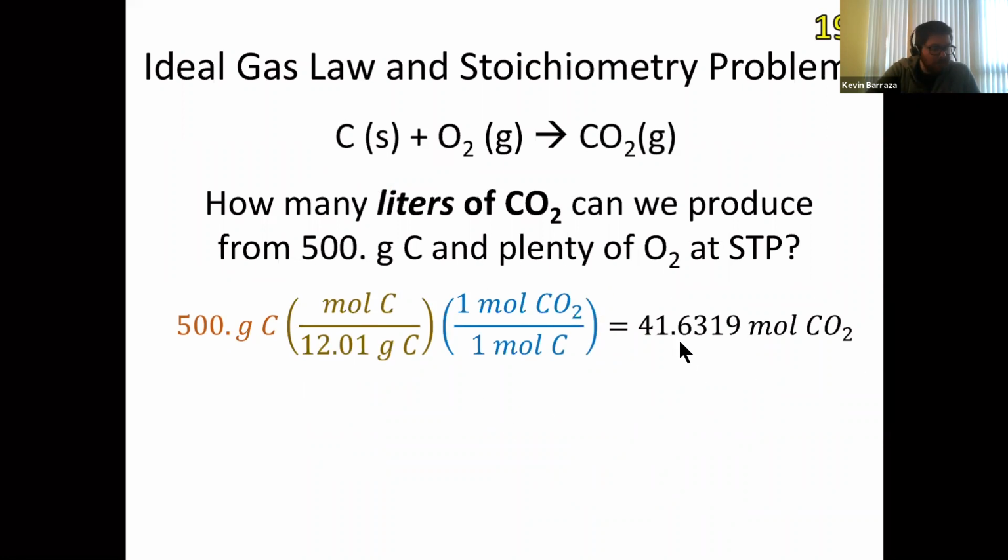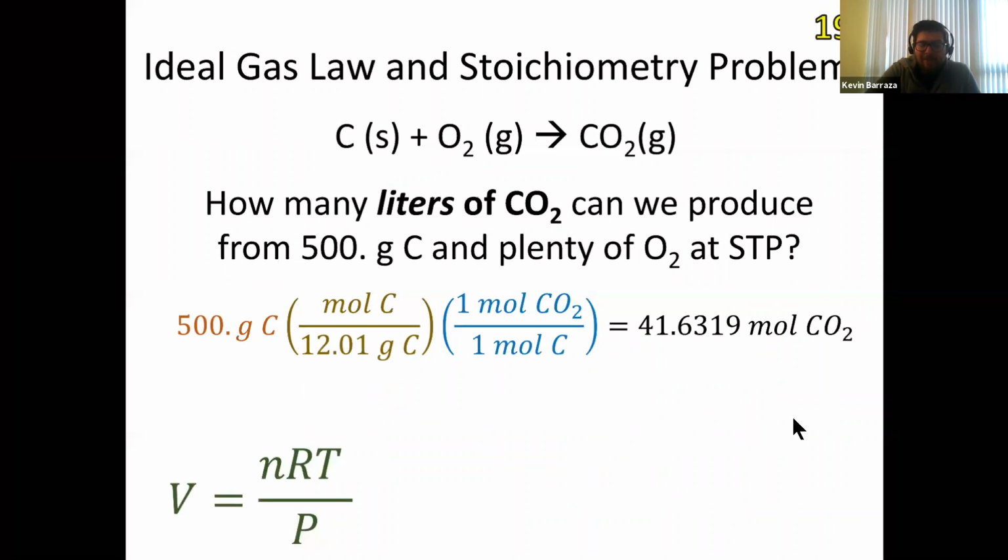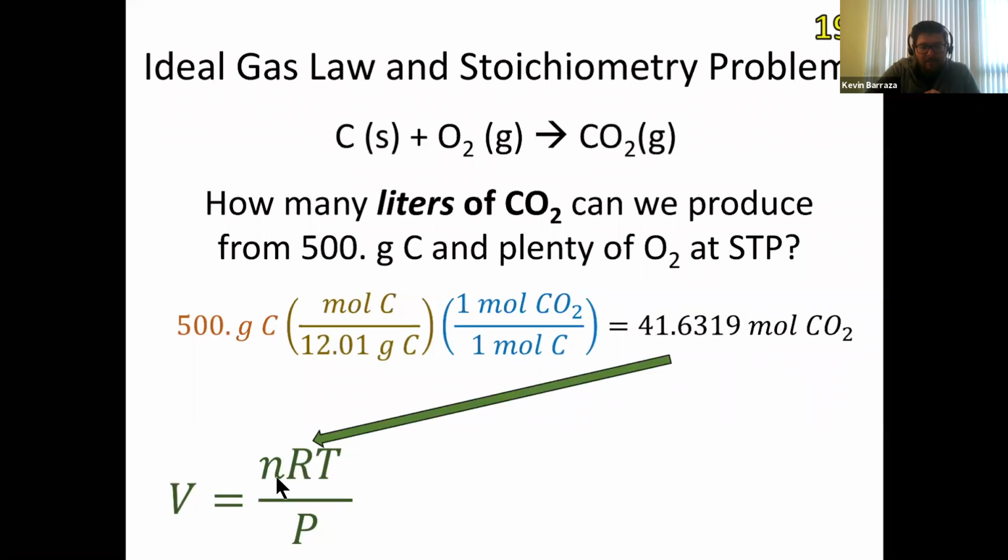That gives me this many moles, it's not rounded yet. But then I'm going to use PV equals nRT. The answer becomes my n. And then let's not forget what R is. It's been a while, so maybe, well, for us, it hasn't been a while because it was only like 2 weeks ago. If this were a semester class, it's been a while.